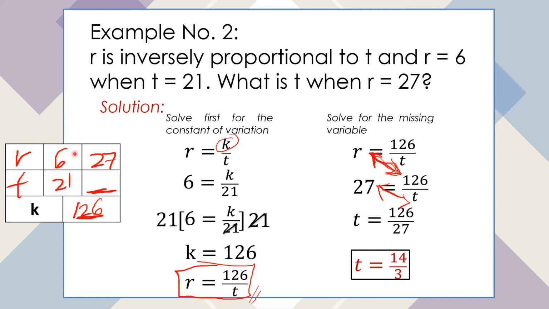Ulit. Times natin itong dalawa, 6 times 21, 126. 126 divide 27, yung 14 over 3. O, di ba? Times mo to, i-times mo to, tas ito, yung sagot, i-divide mo dun sa given. Yun na yung sagot. 14 over 3.